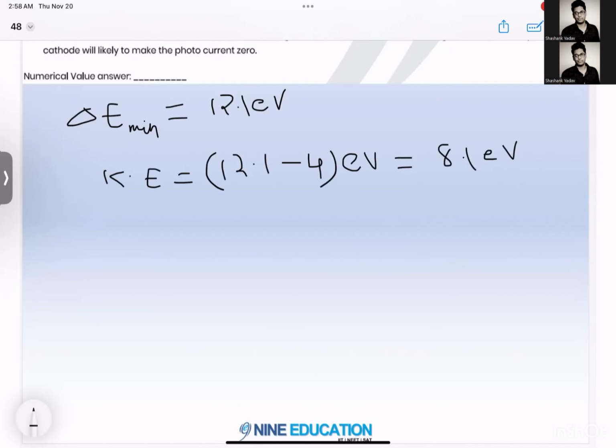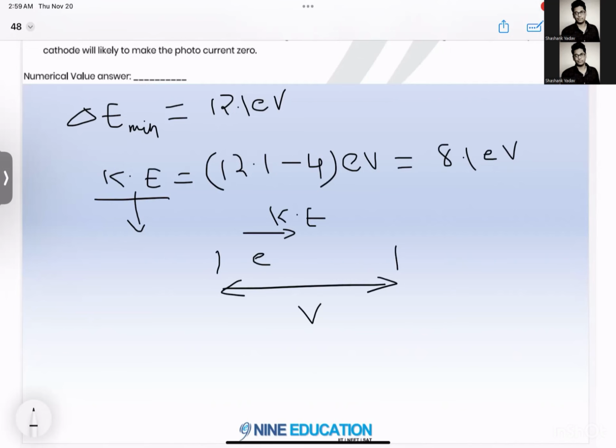So the question asked is, what is the value of the anode voltage? So you have to understand the kinetic energy. If an electron is accelerating between 2 points with voltage V with some kinetic energy, the right voltage will have enough power to stop this kinetic energy.